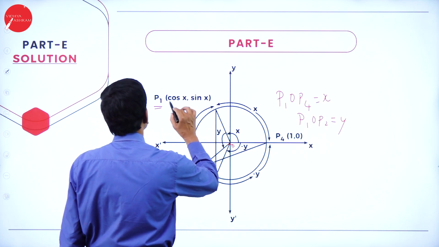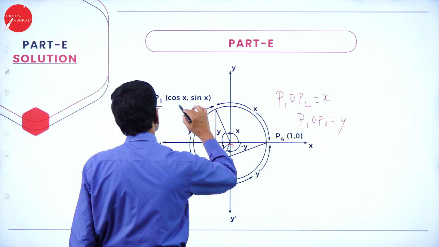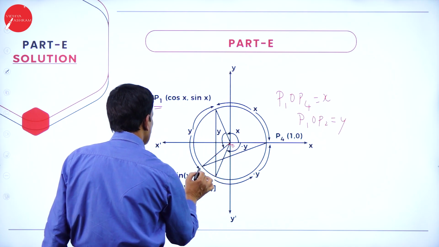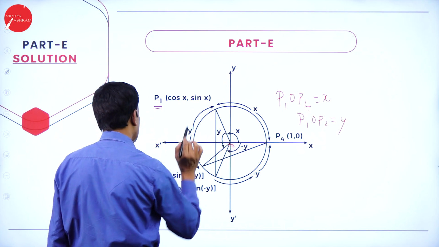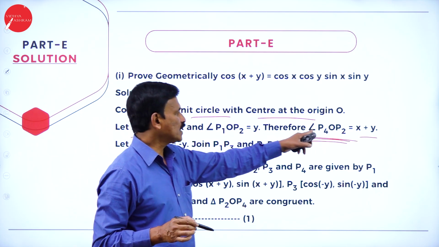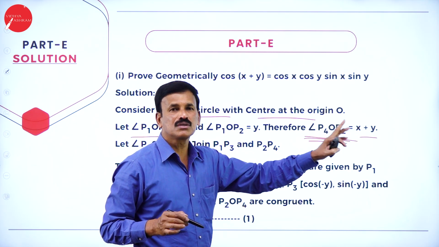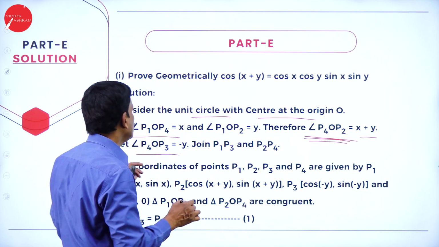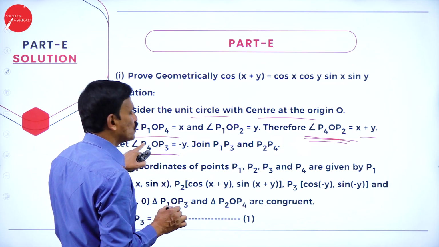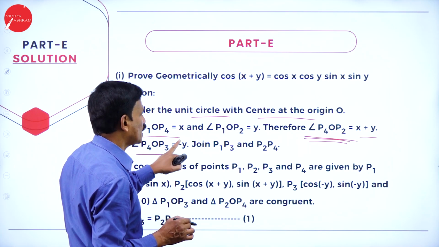So angle P1 O P4 is equal to x, and similarly angle P1 O P2 is equal to y. Therefore angle P4 O P2 is equal to x plus y, and angle P4 O P3 is equal to minus y.